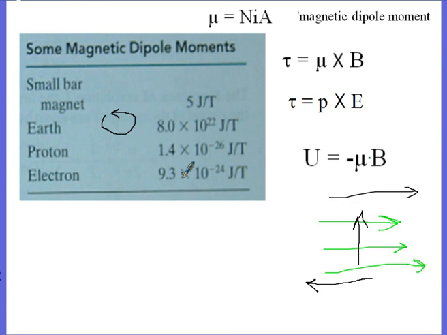Electrons and protons have dipole moment, and that is very weird. That seems to suggest that an electron has spin. Well, they talk about it in quantum physics all the time, the spin of an electron and the spin of a proton. In fact, I believe it's because they have spin that they are fermions.